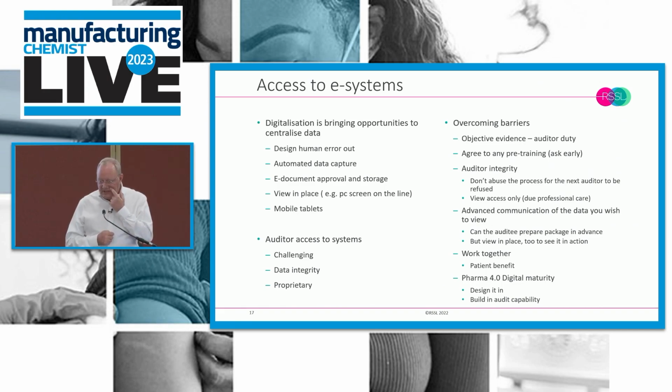Again, you're trying to get objective evidence and information. But it's about auditor integrity. Don't abuse that process for the next auditor coming along. You have to demonstrate and give the auditee a positive experience. Say, thank you, that was useful, now I know that information. Here are my findings, here's my objective evidence, and move on. You don't want to copy it or keep it, just like you can't take photocopies of SOPs away.